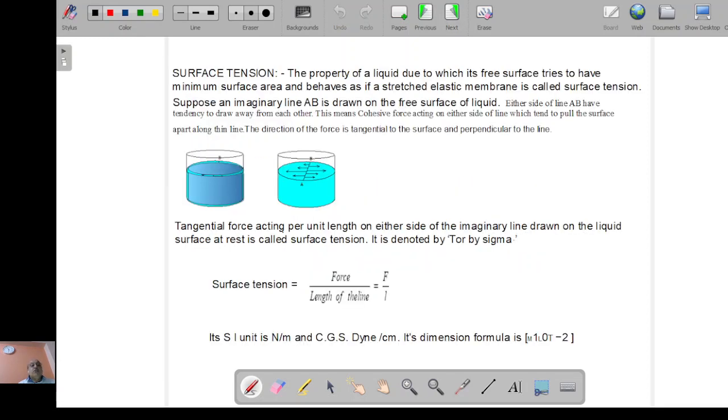Now the point comes to surface tension. The property of a liquid due to which its free surface tries to have a minimum surface area.